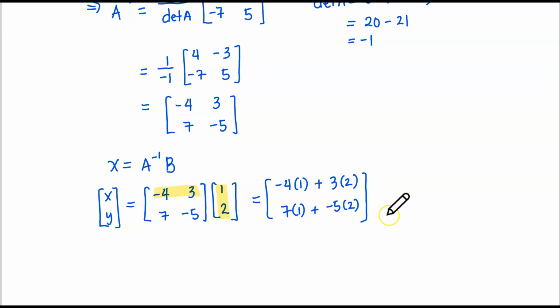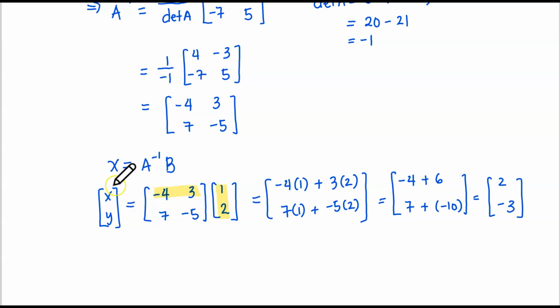And then you simplify this. You have -4 times 1 is -4 plus 3 times 2 is 6. And then 7 times 1 is 7 plus -5 times 2 is -10. Then adding those, we have -4 plus 6 is 2. 7 plus -10 is -3.